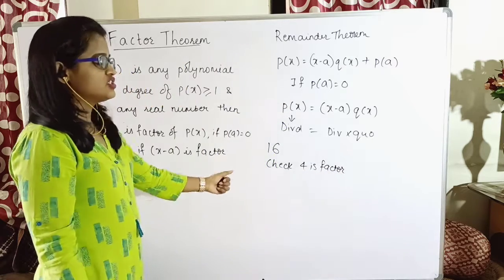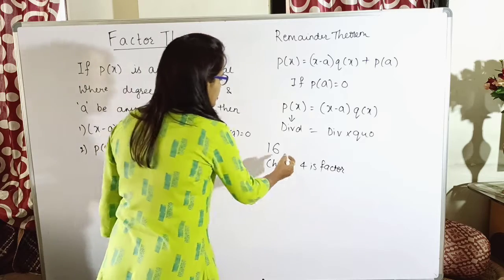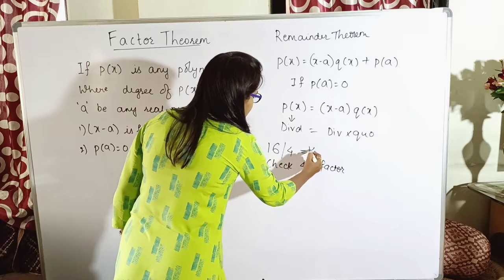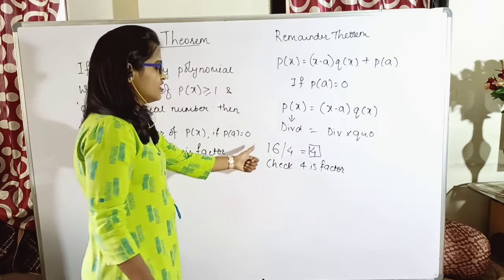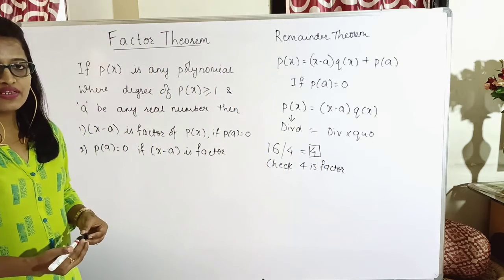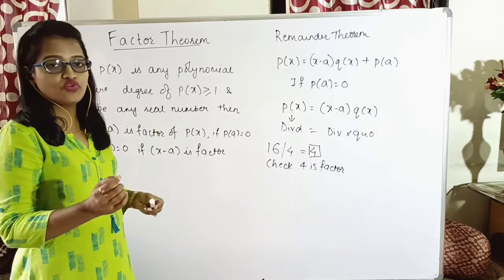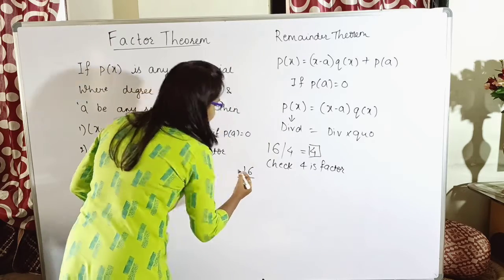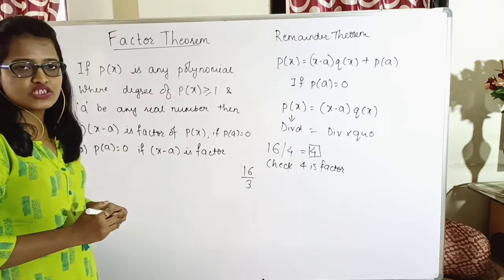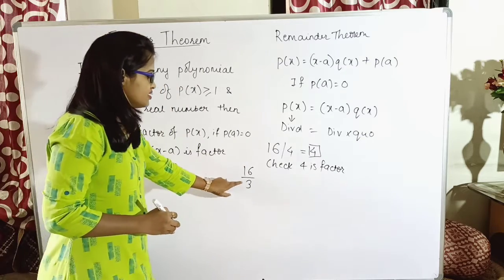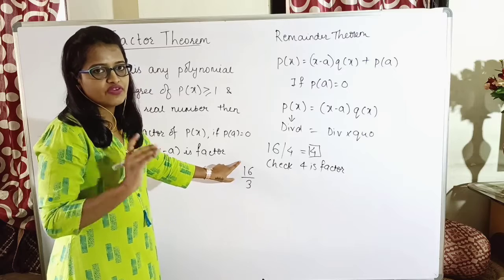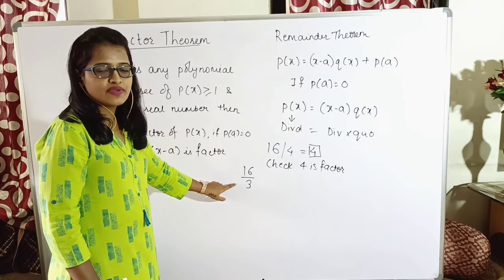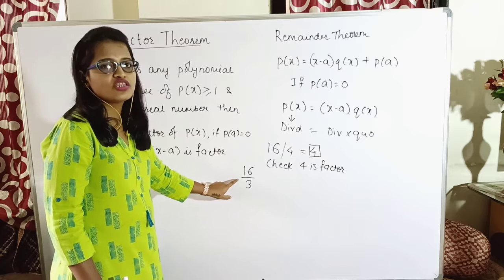Now whenever I say check if 4 is factor of 16 or not, it means I will divide 16 by 4, and if I get the remainder as 0, or if it is completely divisible, then I will be saying yes, 4 is a factor. But if I divide that 16 by 3, will I get the remainder as 0? No, it will be 3 5 is 15, the remainder will be 1. So in this case, 16 is not completely divisible by 3, and hence 3 is not the factor.